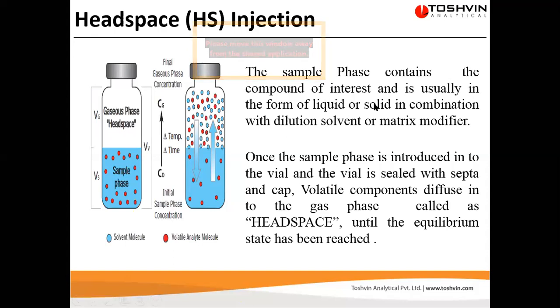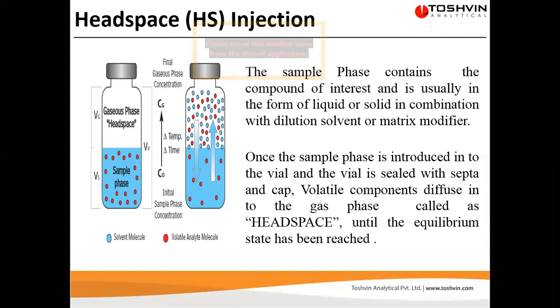So this is something written, so I'll explain in short how it works. For example, if I'm taking my sample in the headspace vial, I'll heat that vial at some high temperature. Just for your information, normally the temperature is set depending upon the analyte you want to analyze that is present in your sample, depending upon the boiling point of that analyte.